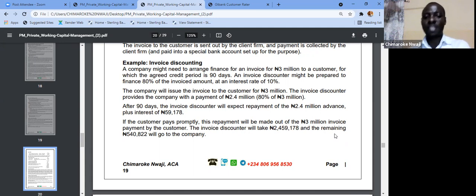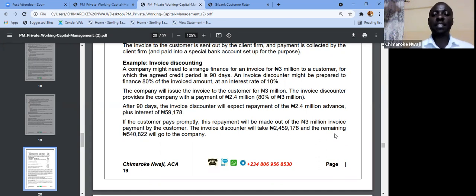The invoice discounter will provide the company with 80% of 3 million, which is 2.4 million. Because you have credit invoices, you take those credit invoices to an invoice discounter. The invoice discounter will give you 80%, 2.4.